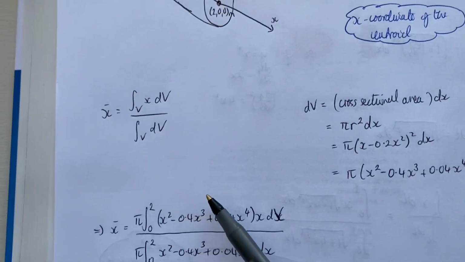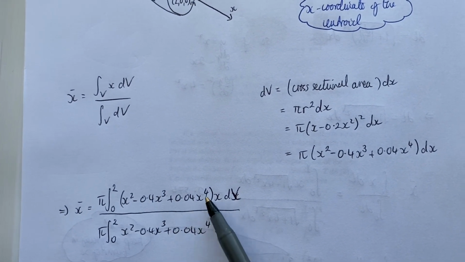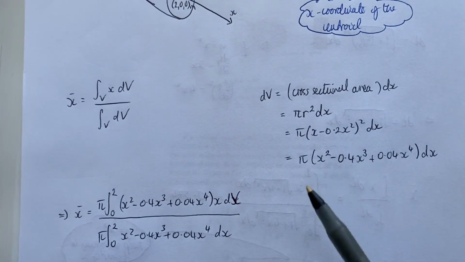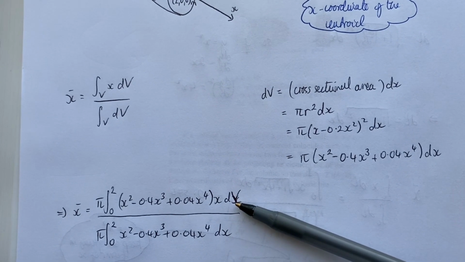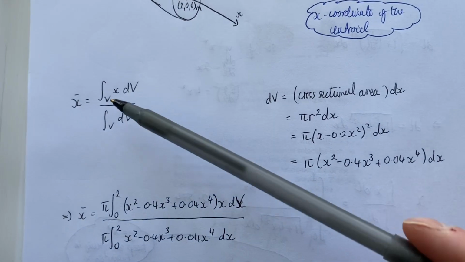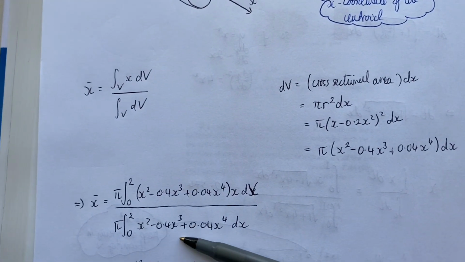And this is my expression for dV, so it's this stuff from here multiplied by dx. Made a little mistake there, this should be dx multiplied by x, from here. And then just the integral over V of dV down here.